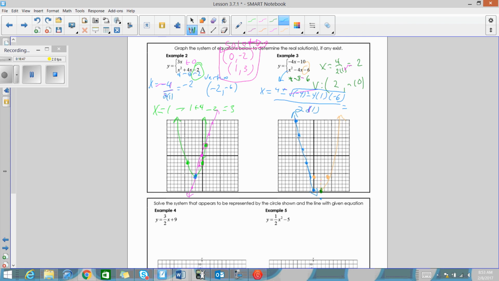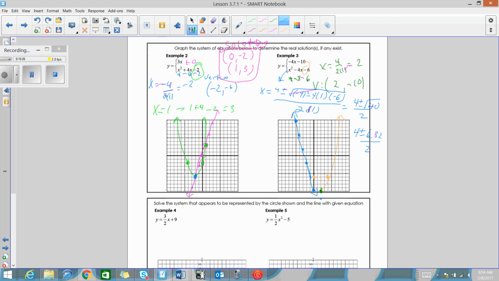You should get 4 plus or minus some number over 2. So you should get the square root of 40. Now here's the deal. Because we want an answer, you're going to need to know that the square root of 40 is 6.32. So this really should be 4 plus or minus 6.32 over 2.